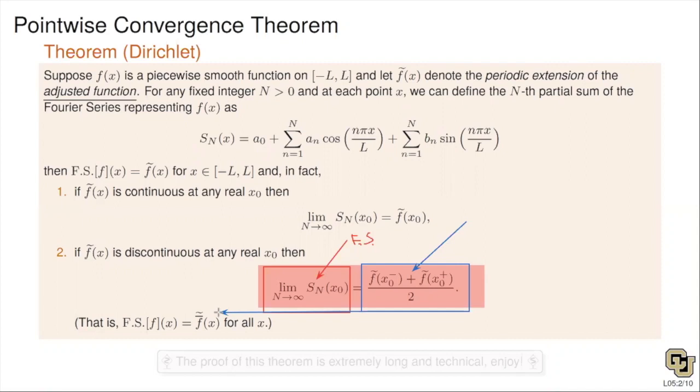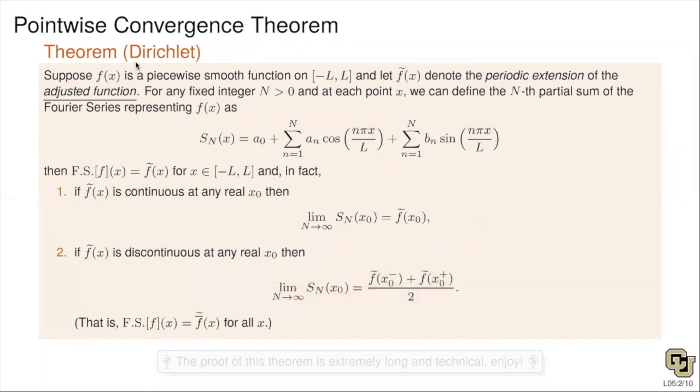F bar is the adjustment, where we're averaging either at removable discontinuities or jump discontinuities, but then we drop the bar. So you can think of this entire side as just being F bar tilde of x naught, but then we drop the bar. We're just going to call it F tilde of x naught, with the understanding that that's the adjusted version of the periodic extension.